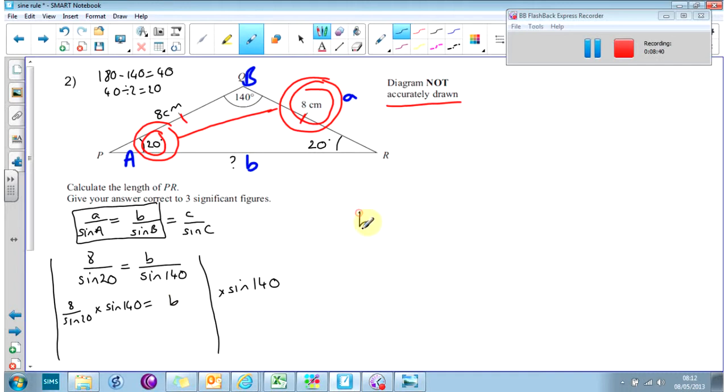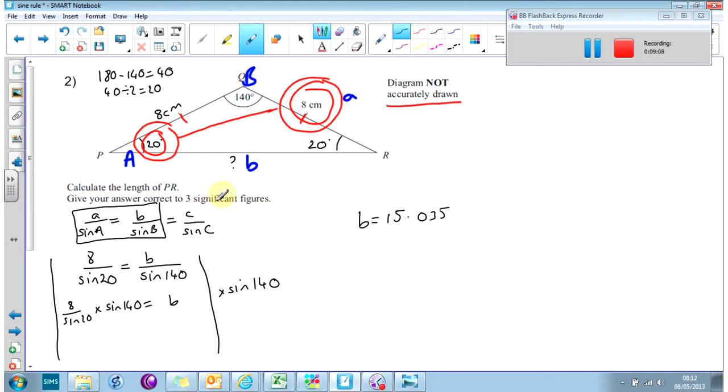I put that into my calculator now. I'm going to type it in using the fraction button first. So fraction button, 8 on the top, sine of 20 on the bottom, and then I use the cursor key to move it along, times sine of 140. And my calculator is saying that b equals 15.035.